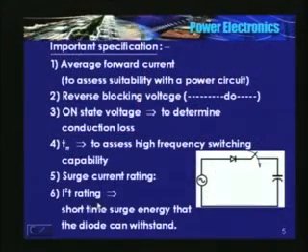Maybe sometime later I will show you a data sheet wherein the average forward current, RMS current and surge current ratings are given. And the next one is the I squared t rating, current squared time rating.